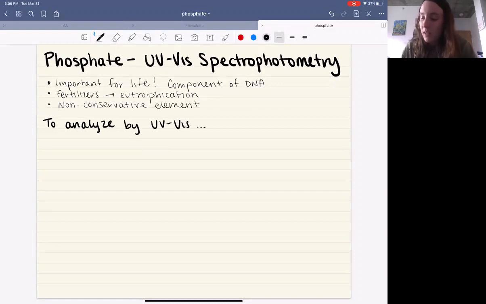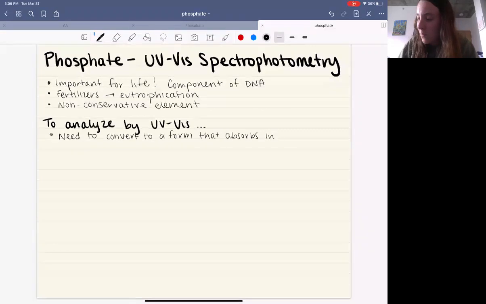So we're going to need to convert it into some form that absorbs in the UV visible spectrum. Okay, and there are a couple different types of compounds that typically absorb in the UV-Vis.